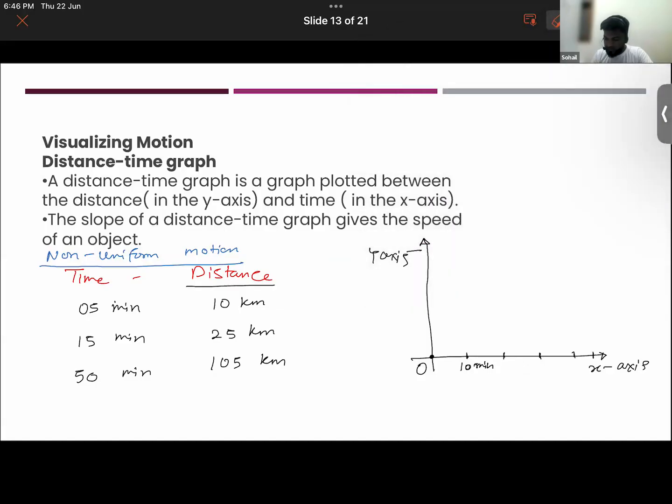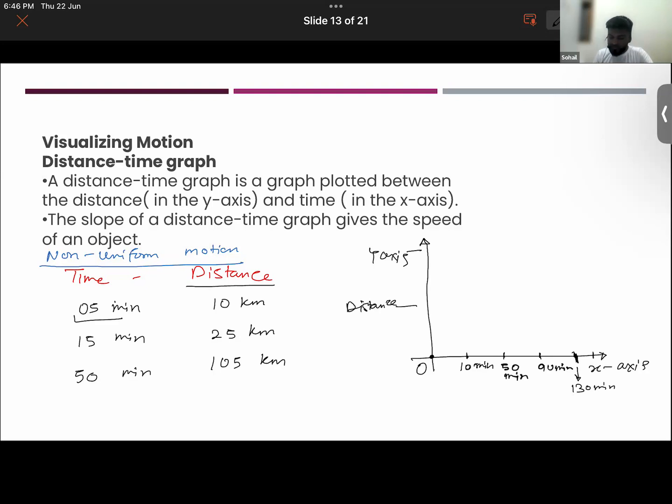Just let me erase this one. This one is 10 minutes. Then this is, let's say, 50 minutes. All right. And then again, this is 90 minutes. And this one is how much? This one is 130 minutes. And also trace distance on the y-axis.